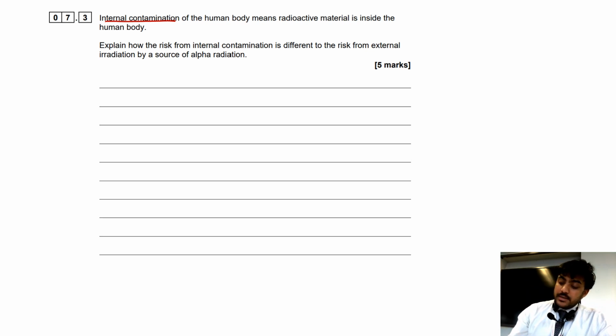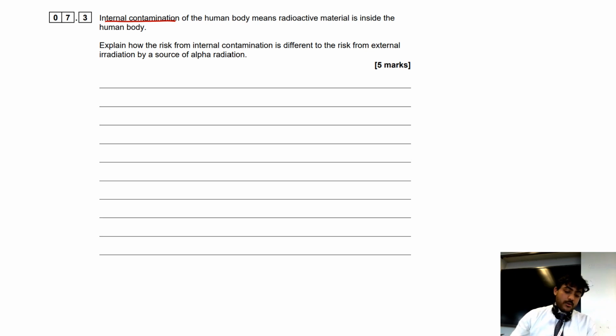Well, internal contamination means radioactive material is inside. Alright? That's really important. External irradiation means the source is outside and only the radiation is sort of coming towards you.